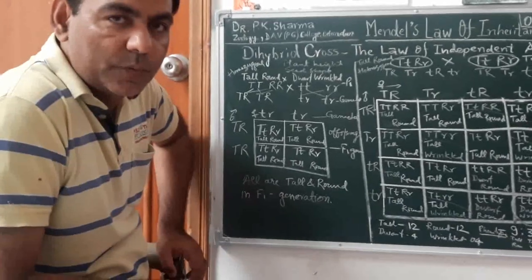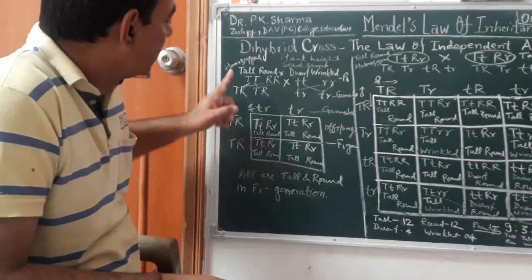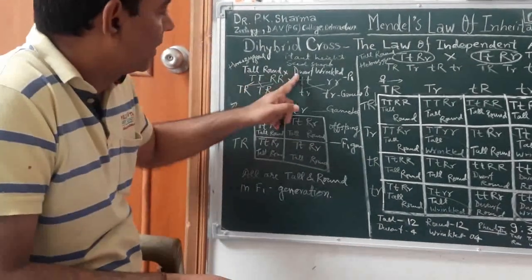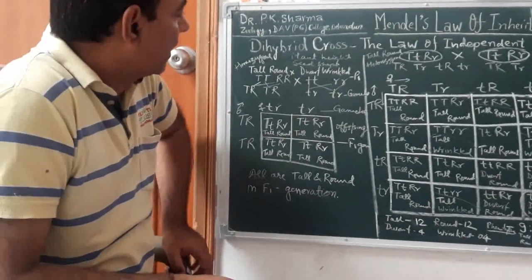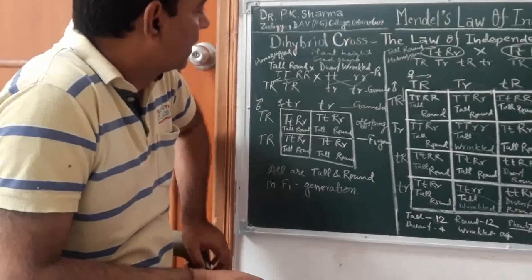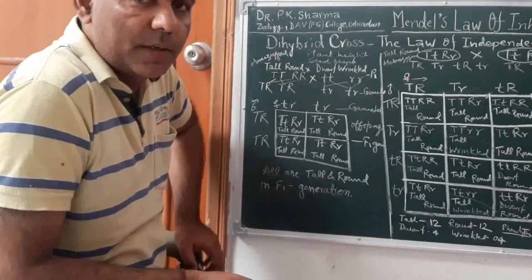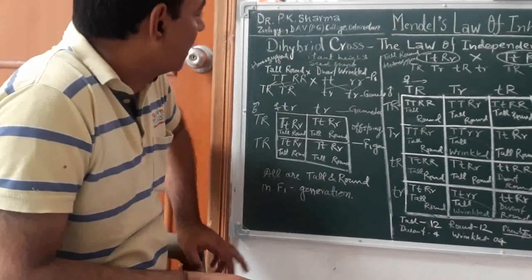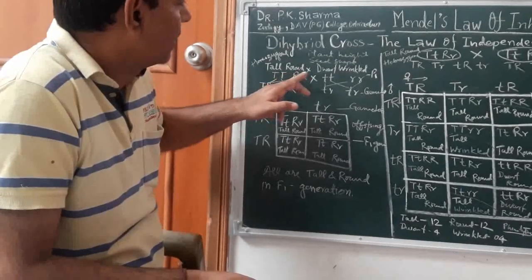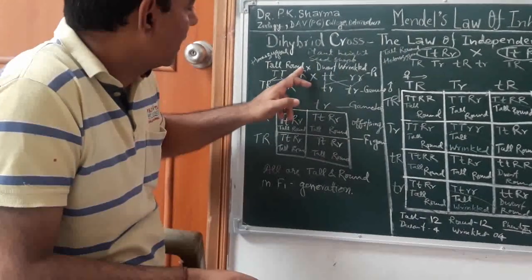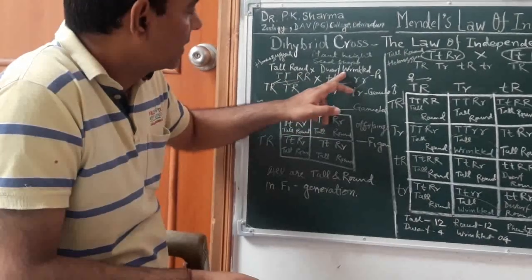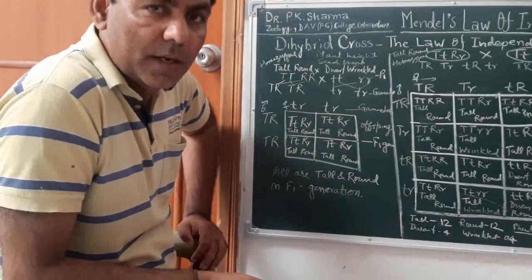We have two different varieties. One is having a tall plant, another is having a dwarf plant. For the second character, seed shape, he chose round seeds and wrinkled seeds. One variety has a tall plant and round seeds, another has a dwarf plant and wrinkled seeds.